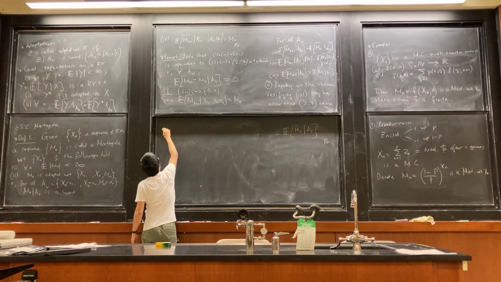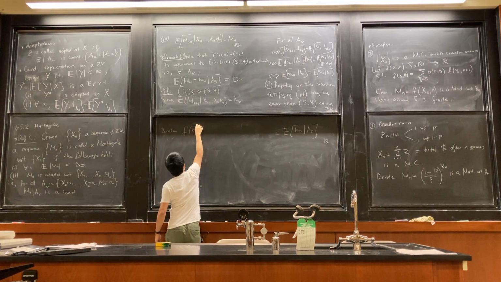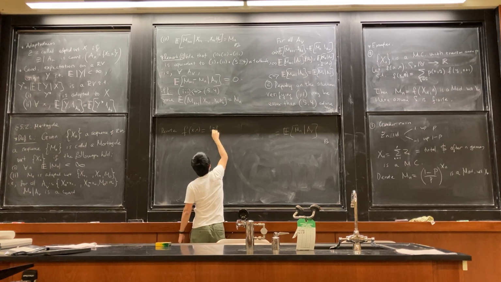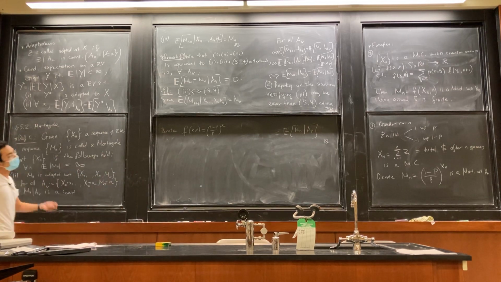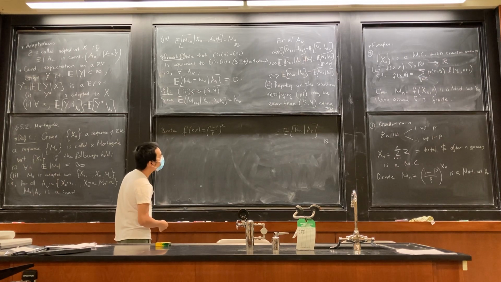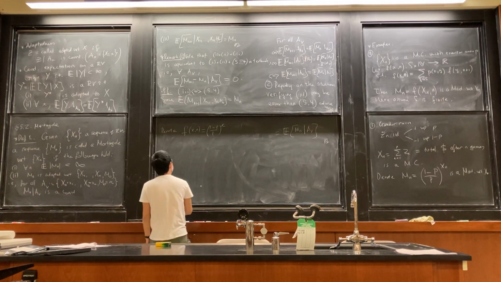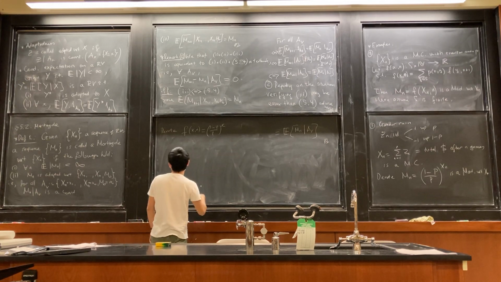So we have f of x n equal to (1 minus p over p) to the x n. And so the claim is, I want to show this function f indeed satisfies that equation. Okay. So how do you see it? I will start with the series on the right-hand side.